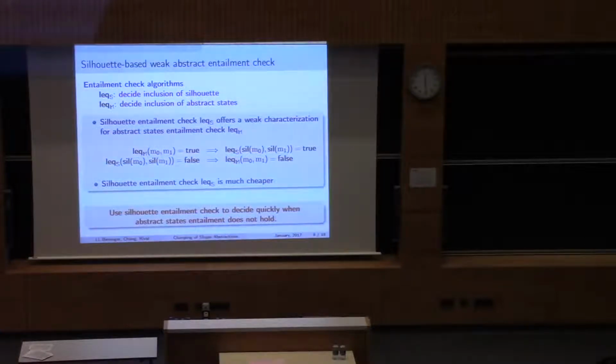Based on this property, and also that the silhouette entailment check is much cheaper than abstract state entailment check, we can use silhouette entailment check to decide quickly when abstract state entailment check does not hold.